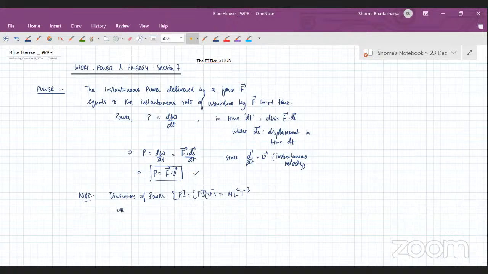And the unit of power is watt, in the standard international system. So 1 watt equals 1 Newton meter per second, or that's the same thing as 1 kilogram meter square per second cube, or that's also the same thing as 1 joule per second.